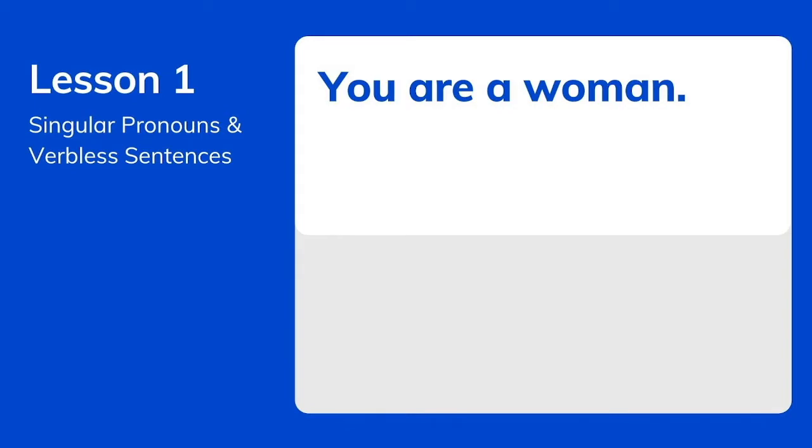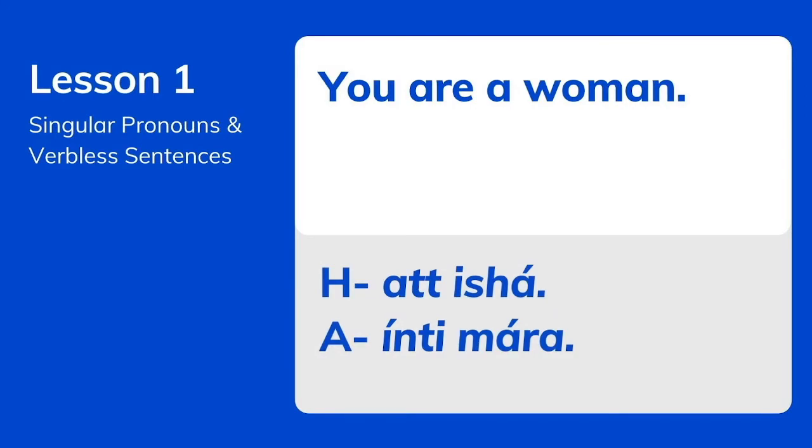You are a woman. See if you can figure this one out on your own now. How do you say you and how do you say woman in Hebrew and then in Arabic? I'll give you a few seconds to figure it out. In Hebrew, it is at isha, and in Palestinian Arabic, it is inti mara.